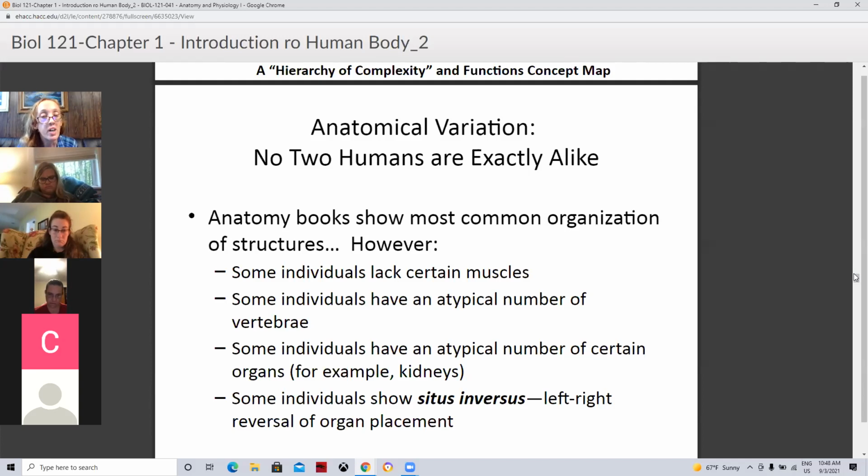Some people have an atypical number of organs, like kidneys. Some people may show what's called situs inversus, which means there is a left-right reversal of organ placement, meaning your heart's on the right side of your body and your stomach's on the right side of your body.